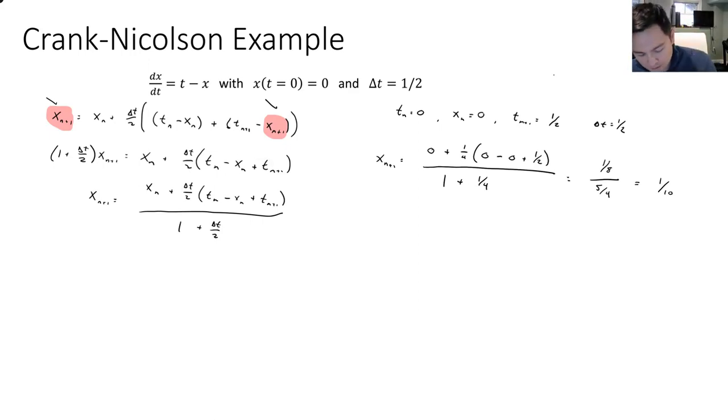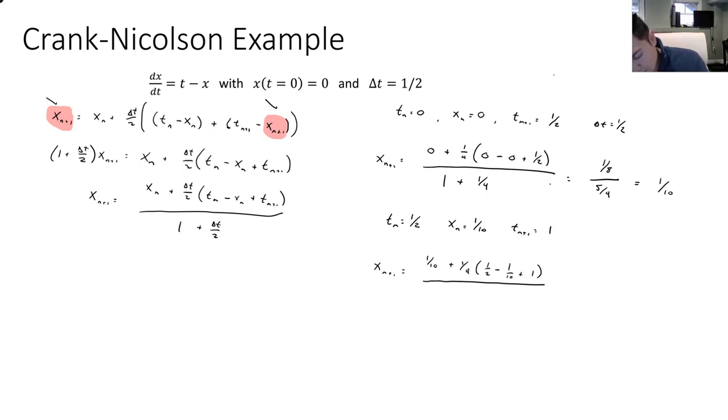Okay, so then our next step is then, okay, t of n is now equal to 1/2. Our x of n is equal to 1/10. And our t of n plus 1 is equal to 1. So our x of n plus 1 is equal to, now x of n is not 0, but it is 1/10, plus delta t by 2 is still 1/4 times t of n, which is now 1/2, minus x of n, which is 1/10, plus t of n plus 1, which is 1, all divided by 1 plus delta t by 2, which is 1/4.